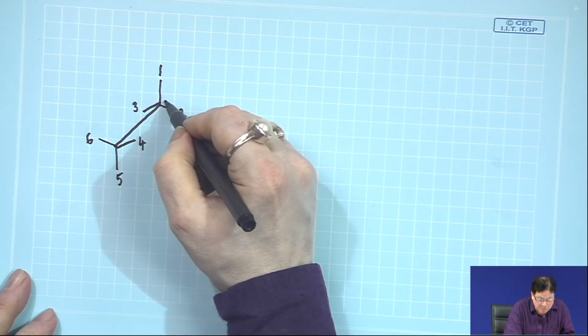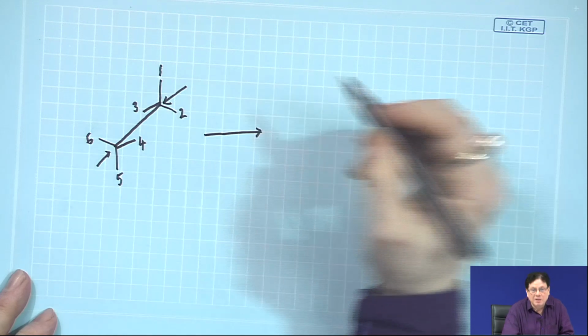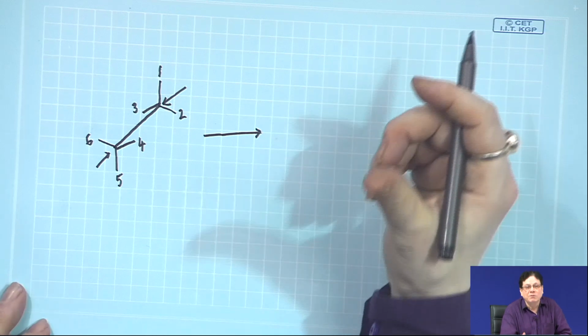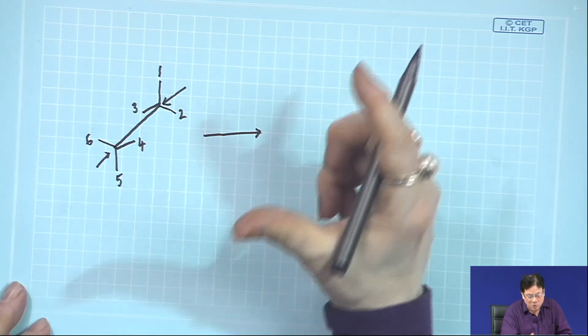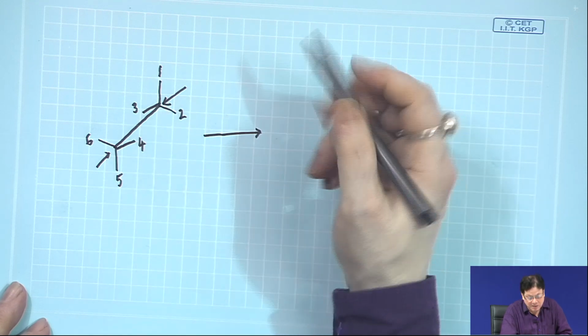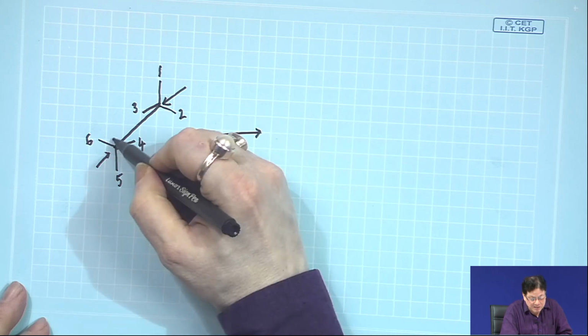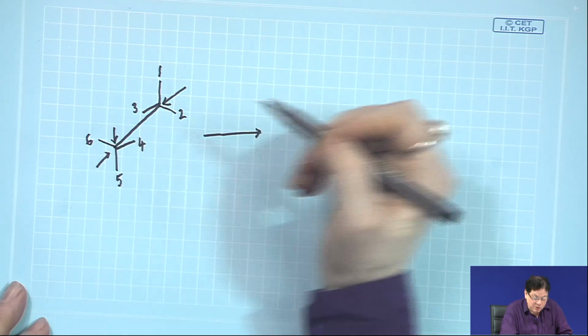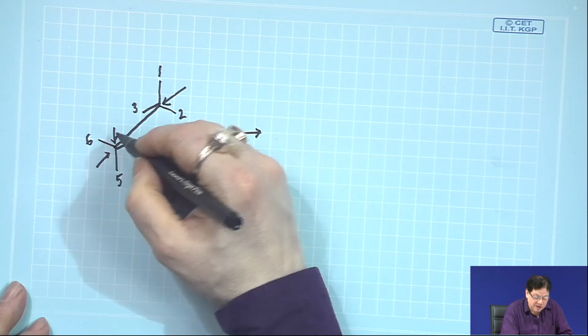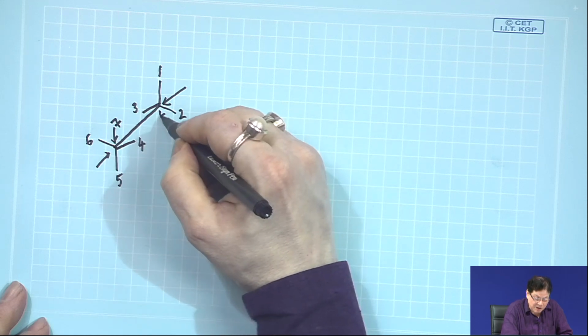You have to also number these 2 carbons, because they will make the backbone of your Newman projection, the C-C bond which are eclipsing each other. So, we are left with numbers 1, 2, 3, 4, 5, 6. Suppose this is number 7, this is number 8.